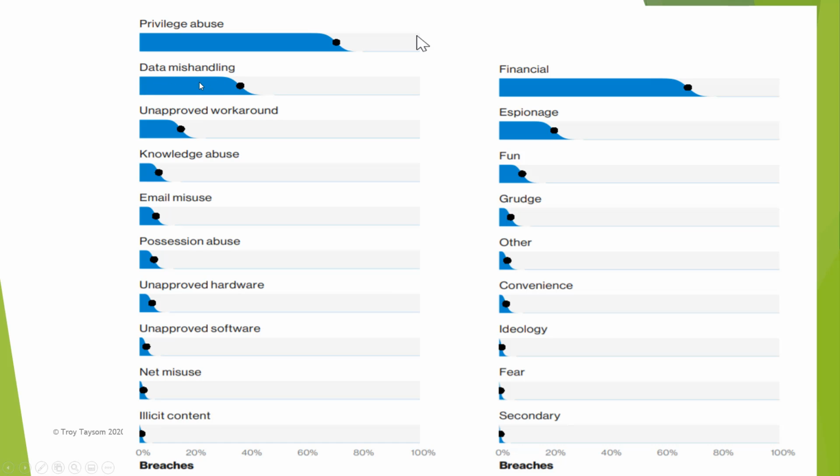They left this S3 bucket unsecured. A former AWS engineer was poking around and found that S3 bucket, and she did the hack. The reason she was able to find it is she knew what she was looking for. So that's data mishandling, because she didn't work for the company anymore.